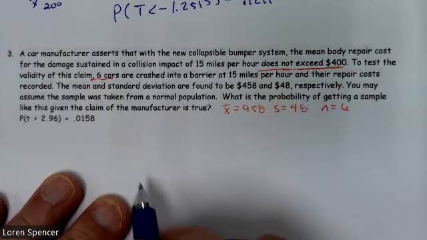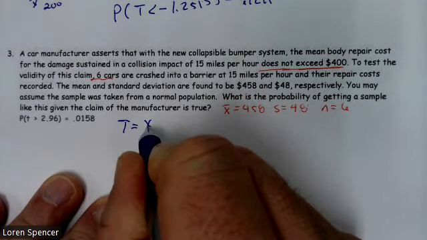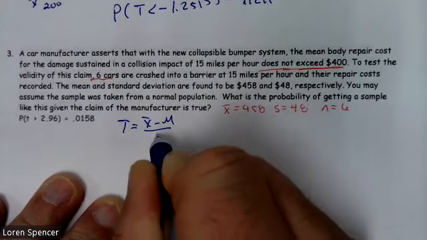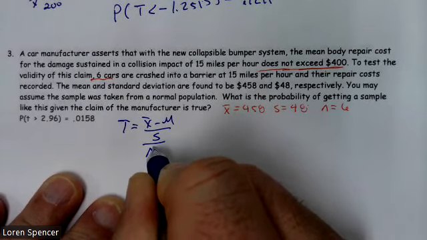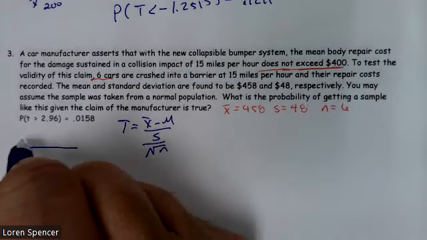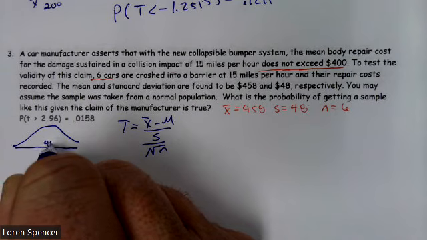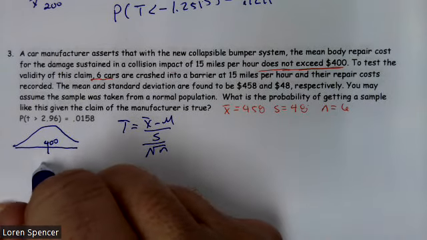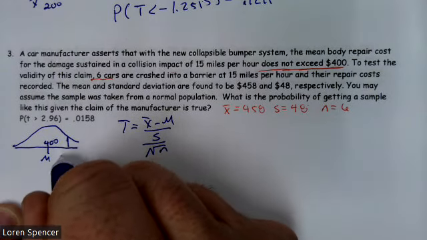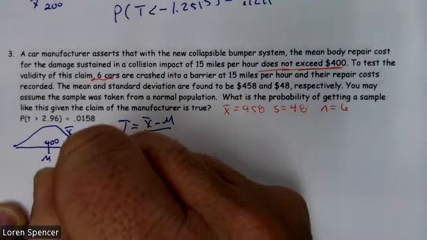All right, so our formula, T equals X bar minus mu over S over the square root of N. Well, the claim is that it'll be less than $400. It's not supposed to be bigger than 400. However, we got a sample of 458. So that's bigger.